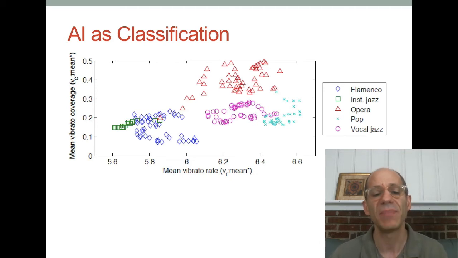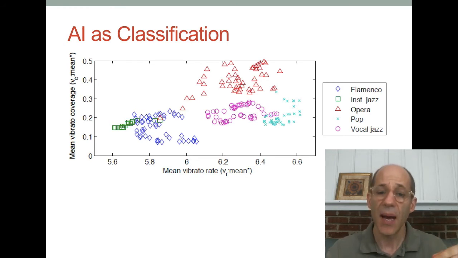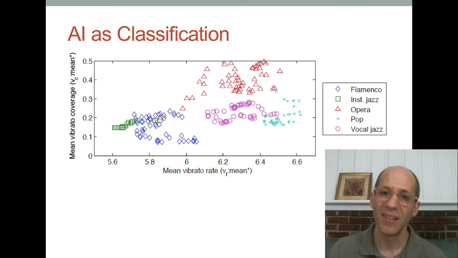Well, here's a very simplistic way, which is you can look at some metrics, the mean vibrato rate and coverage. If you take some metric, some way to measure your data and plot them, you will see that if you have ground truth, that is, if you have had a human label your inputs, you can start to see some patterns.